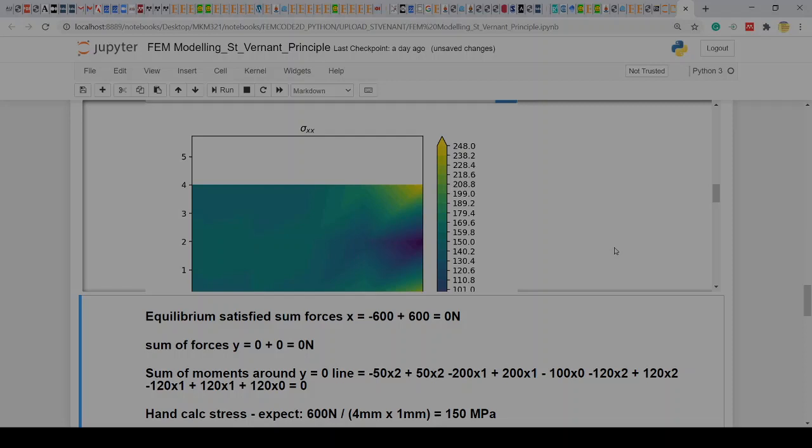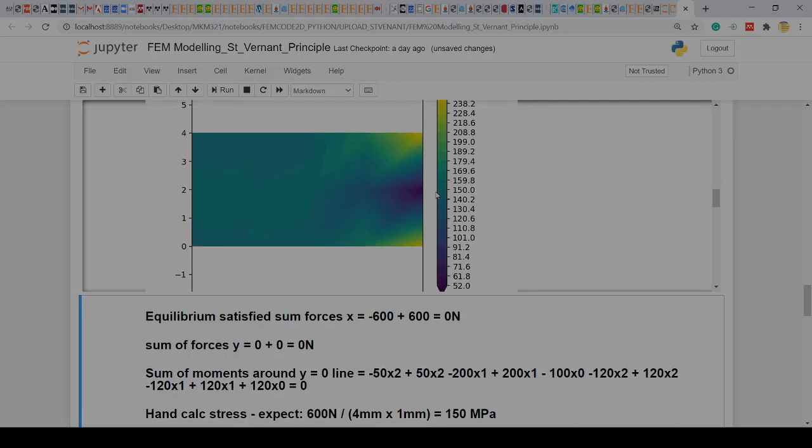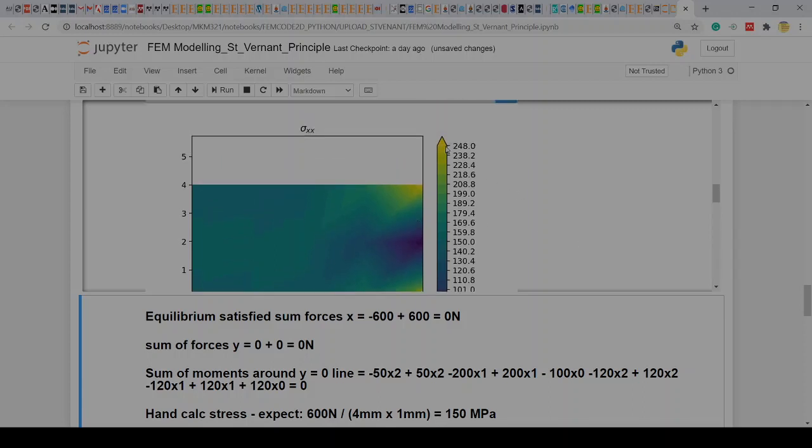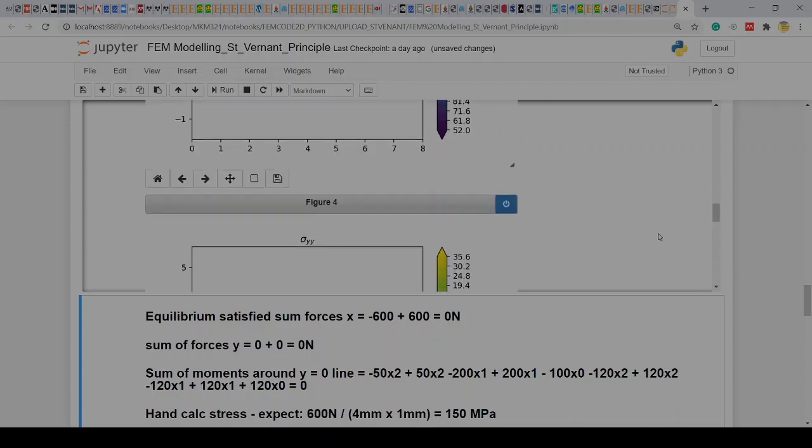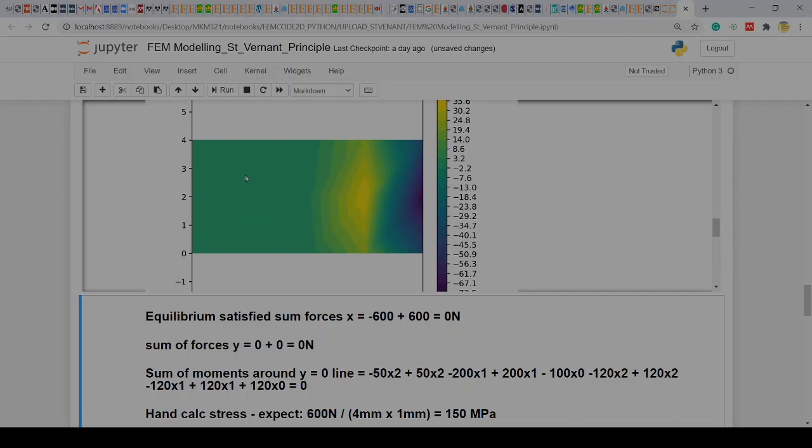If you look at sigma xx, ballpark 150 far away. Close by, large variation from 250 to about 50 on this edge here, sigma xx. Sigma yy, again far away, we're in the 0 ballpark as expected.